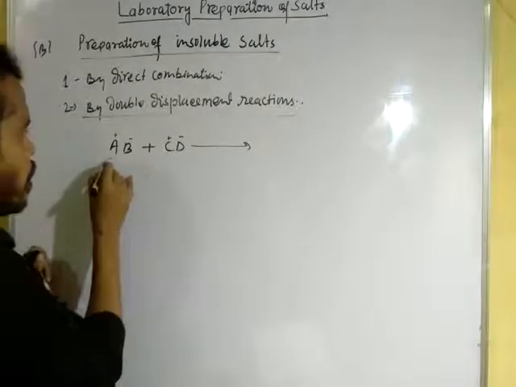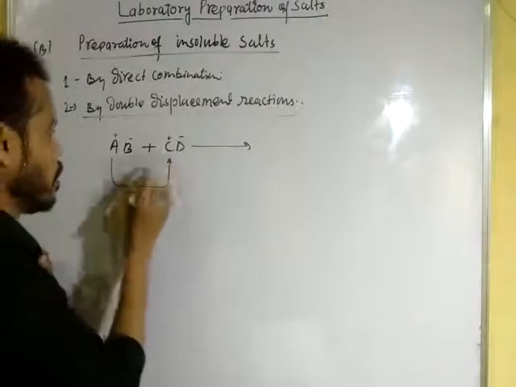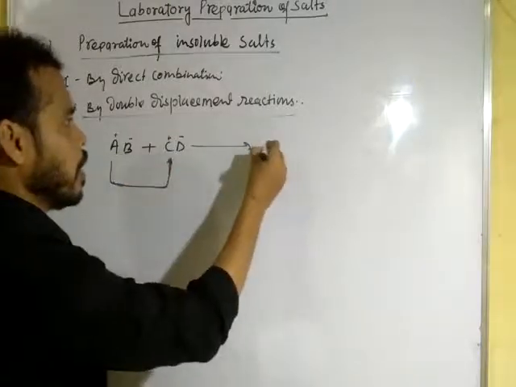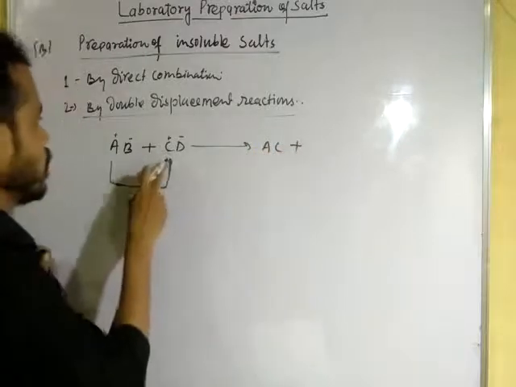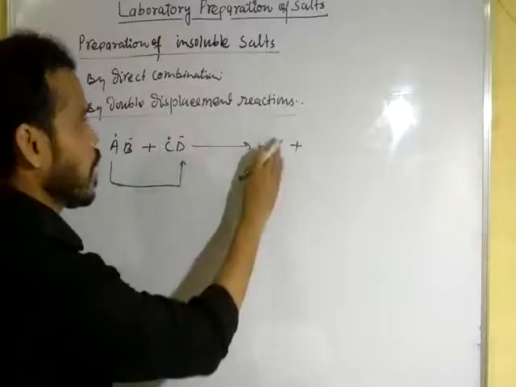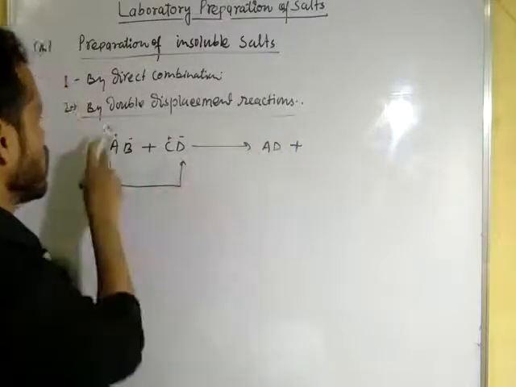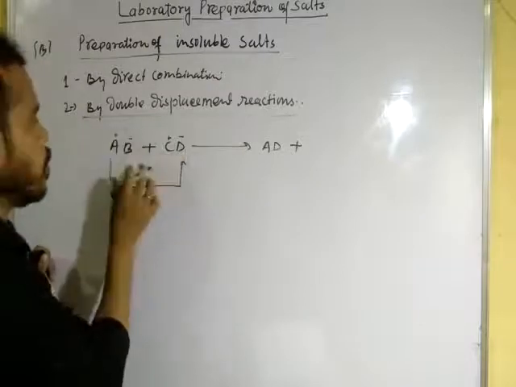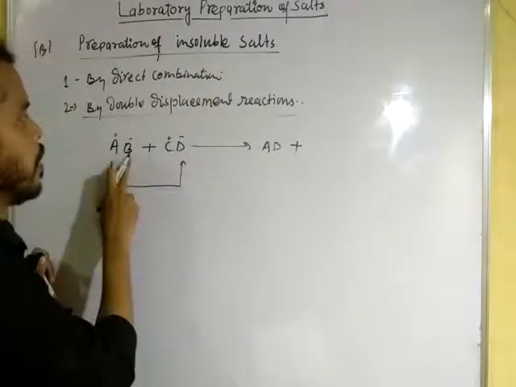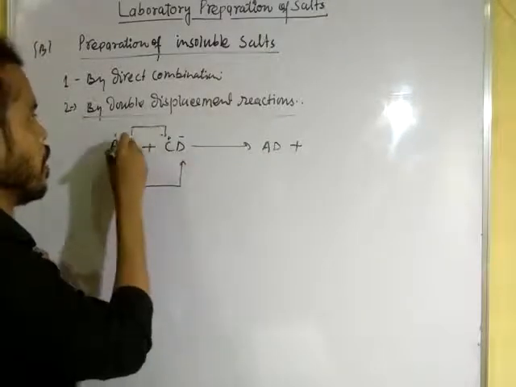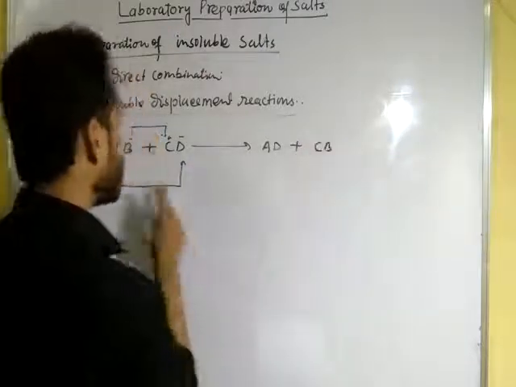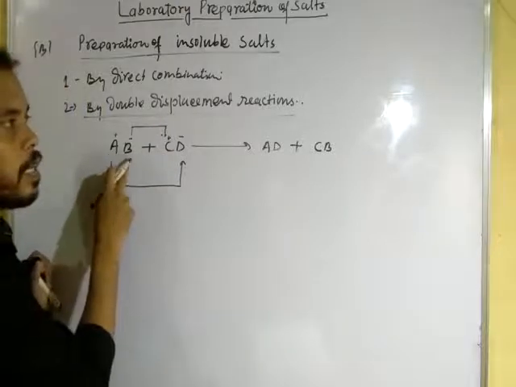A will combine with D to form AD, because it is positive and it is negative, so they interact with each other. Here C and B combine to form not BC but CB, because C is the positive part and B is the negative part.